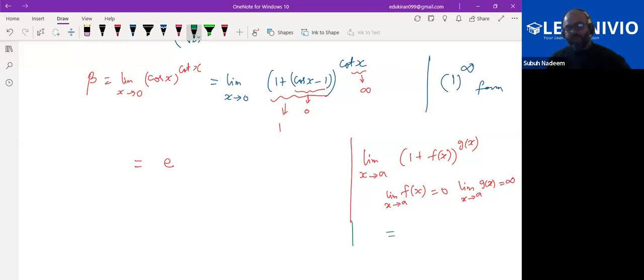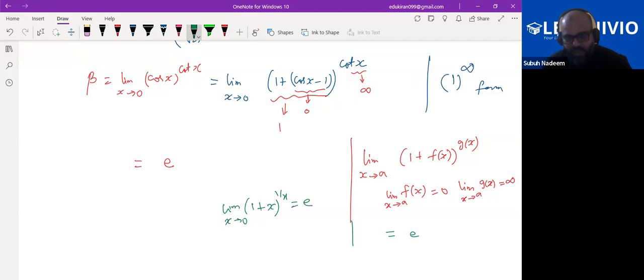So we write it as e to the power gx, right? Okay. It was like this, no? 1 plus x to the power 1 by x, limit x approaching 0 is equal to e. It was something like this.